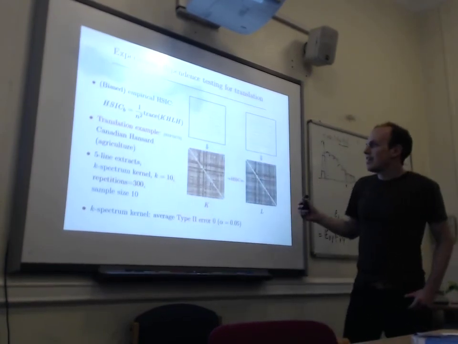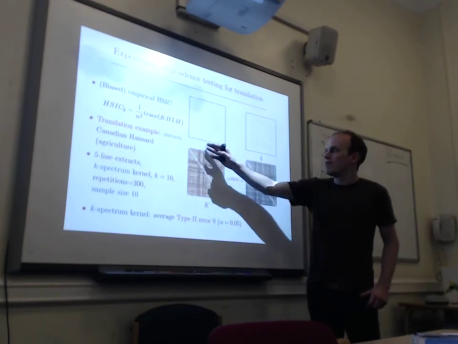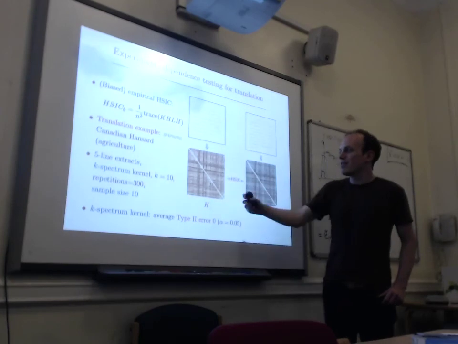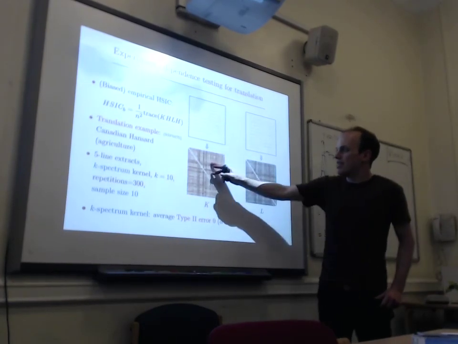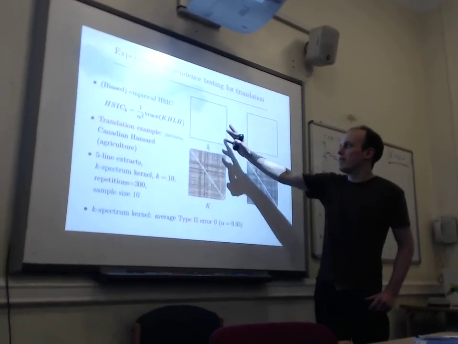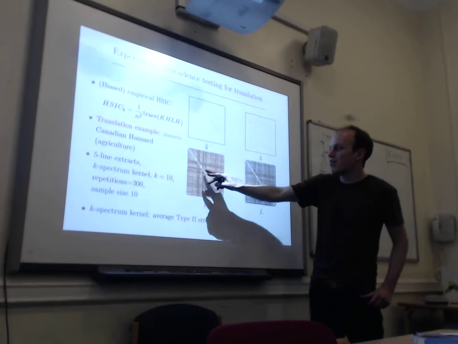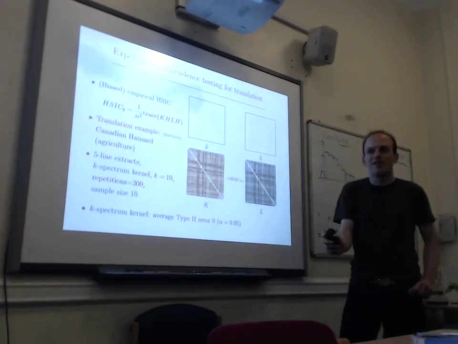What I've drawn here is my matrix of kernels between individual pairs of English documents. Each spot in this plot is the kernel between an English extract and another English extract, so a dark dot means they're very similar and a light dot means they're very different.